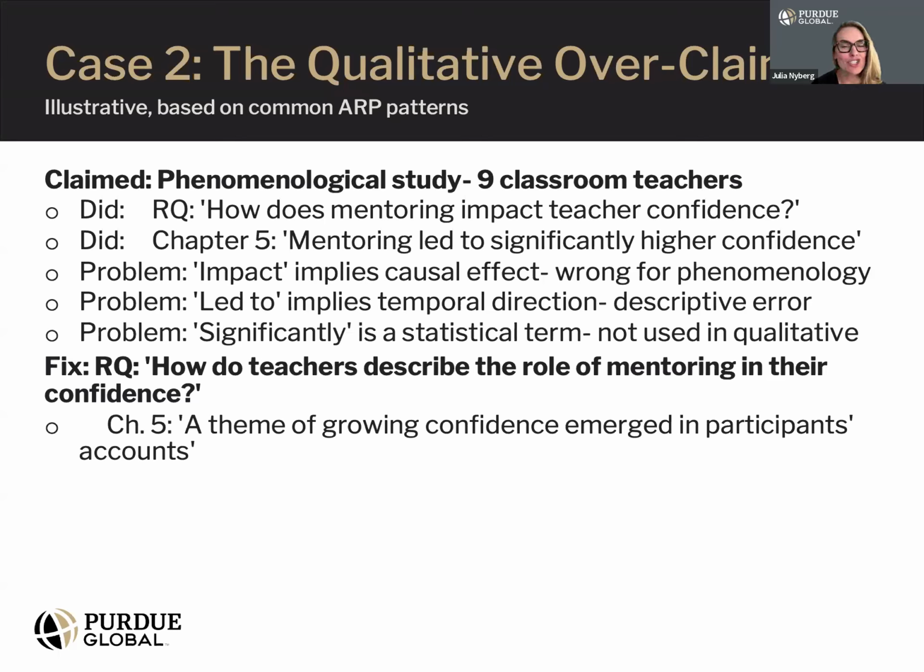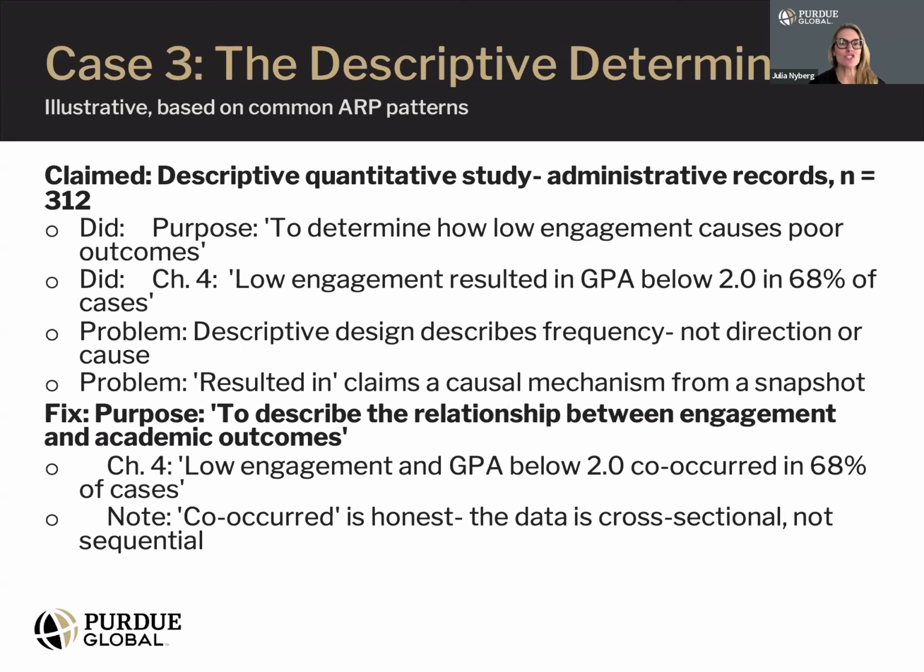Notice that the findings are just as meaningful, arguably more meaningful, because it's accurately describing what these 9 teachers actually felt. Are you starting to hear the difference in the language? Are you starting to hear how this language shift gives you more accurate descriptions?